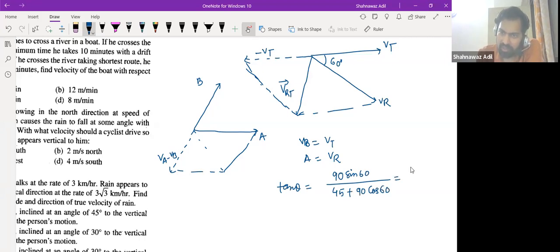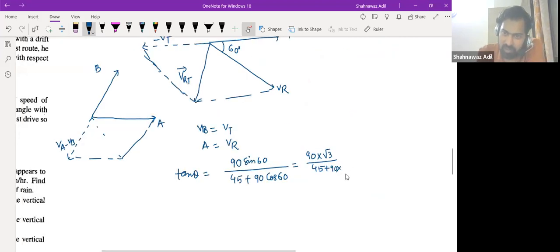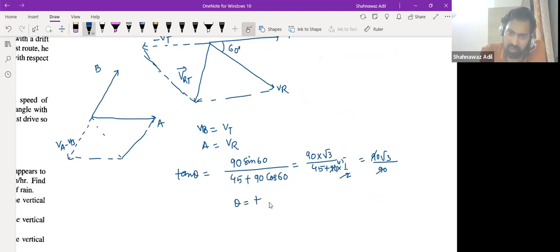So this is 90 root 3 divided by 45 plus 90 into, how much? 1 by 2. So 45. So this is 90 root 3 by 90. So this is root 3. So then this would be 60 degrees.